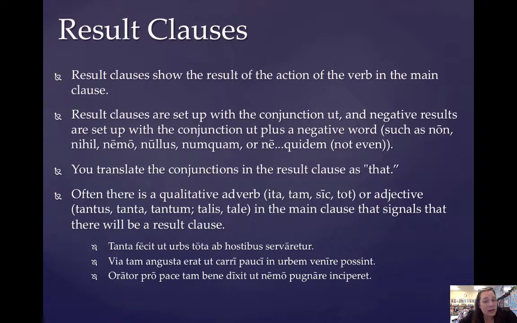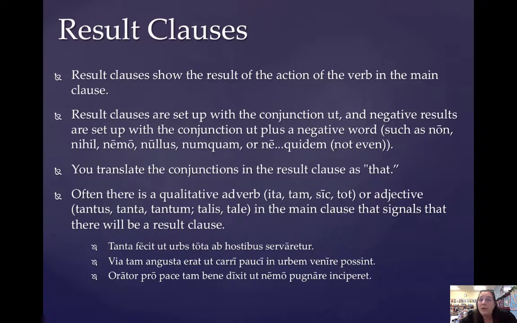So in English, what this means is that you're going to have a sentence along the lines of something is so big that it could not be contained in a small box or something like that. After the "that," it cannot be contained in a small box, that's the result clause. And then you have that qualitative, something is so big, something is done in such a way, ita.